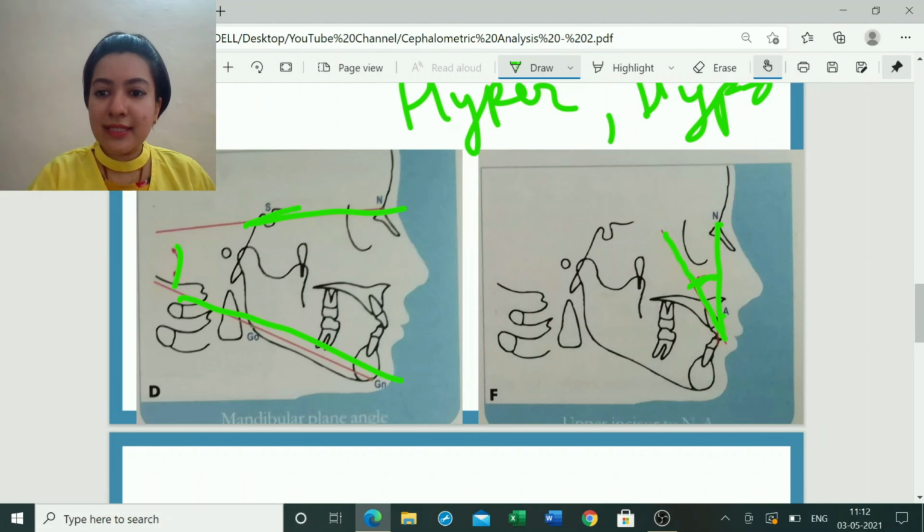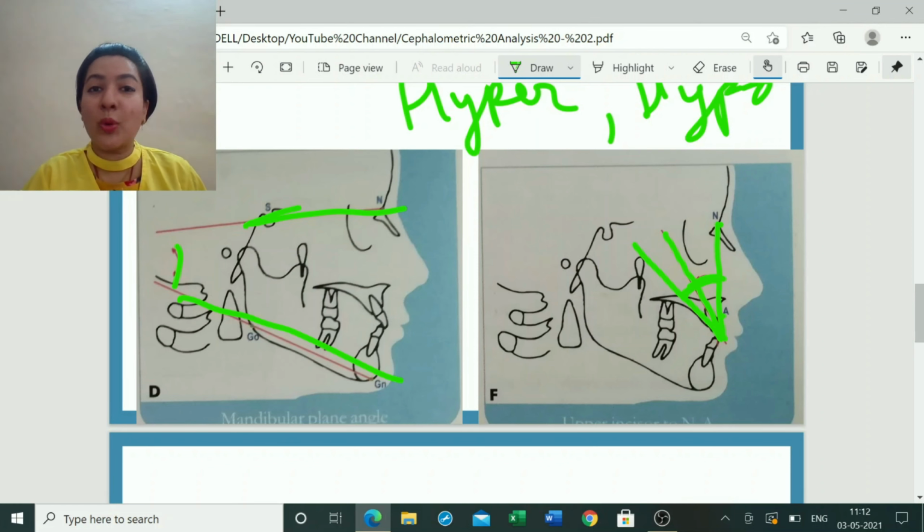Imagine if my angle is increasing, it will increase if my long axis comes here, and if my long axis comes here, it means my upper incisors are proclined. So if my upper incisor to NA angle increases, it is indicative of proclined upper incisors, and if it is reduced, then the upper incisors are retroclined.